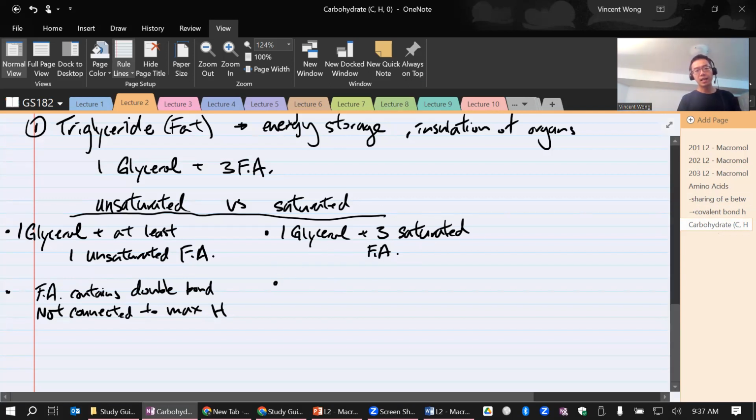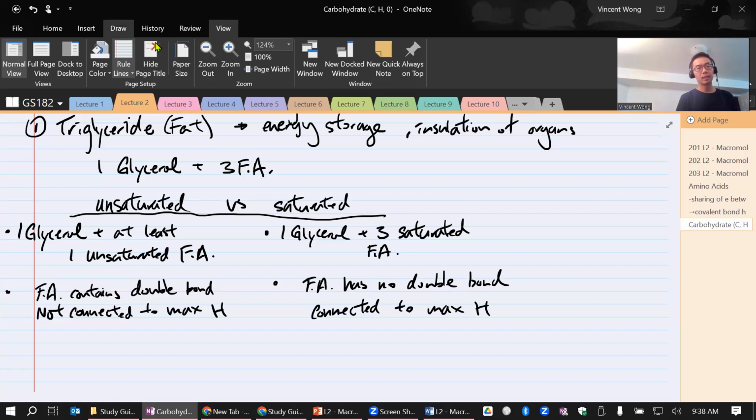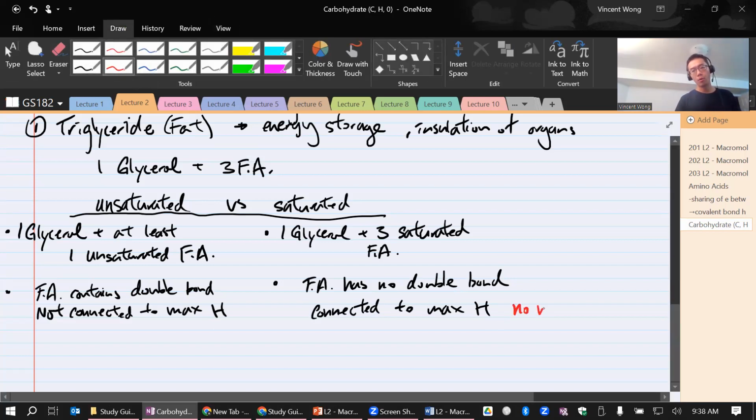On the other hand, if it's saturated, then fatty acid has no double bond. No double bond. They are connected to max number of hydrogen. No more room for hydrogen.